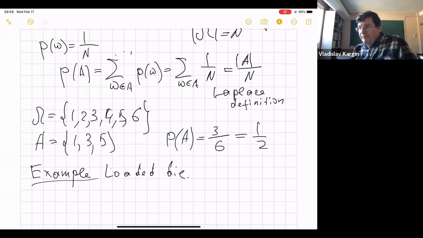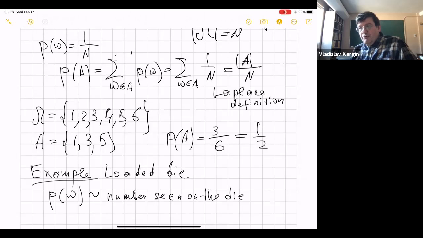We just want a model, and the model will say that the probability of each outcome should be proportional to the number seen on the die. So the probability of 6 should be larger than the probability of 1. It should be 6 times larger. So this is what we want.